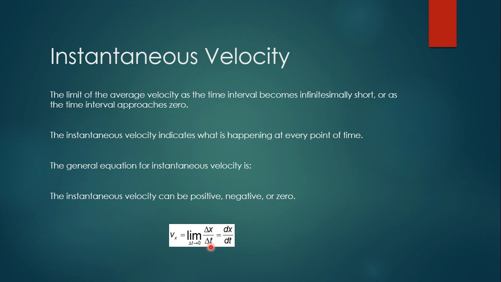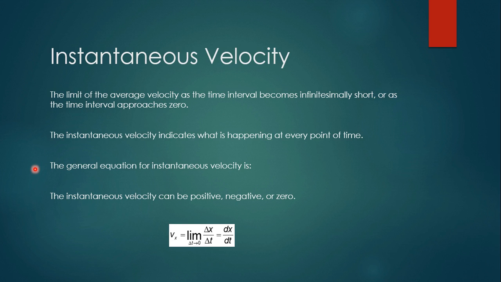So we say that delta t approaches 0 or delta t tends to 0. So the limit when delta t tends to 0 of delta x upon delta t gives us the instantaneous velocity. So the instantaneous velocity tells us what is happening at every point of time.